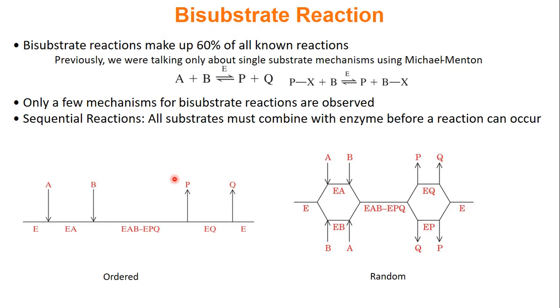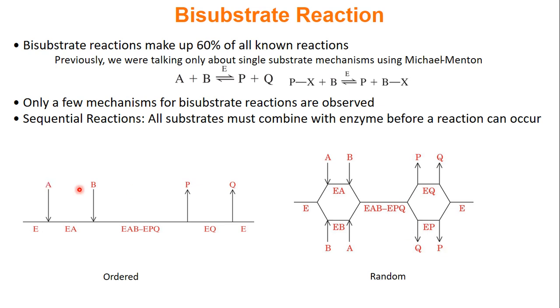Now let's look at the different types of mechanisms we can have in our enzymes. We're going to look at bisubstrate reactions. We have two different ways we can do a bisubstrate reaction. We can be ordered or we can be random. And both of these are sequential. What sequential means is that all of our substrate has to bind before our enzyme can do its reaction.